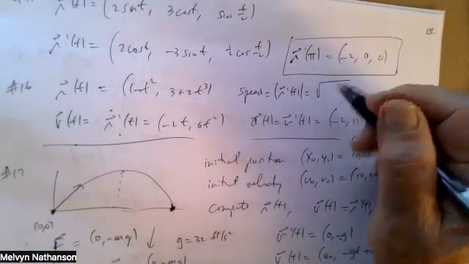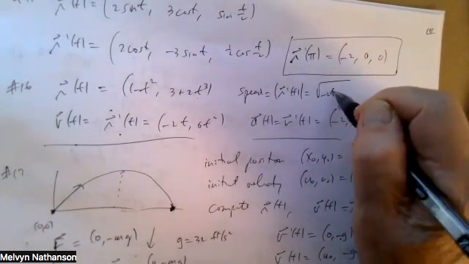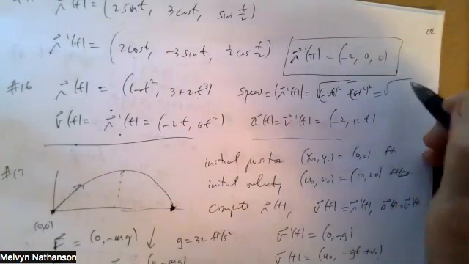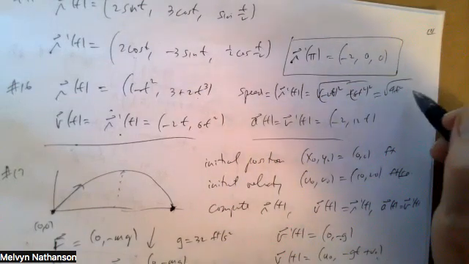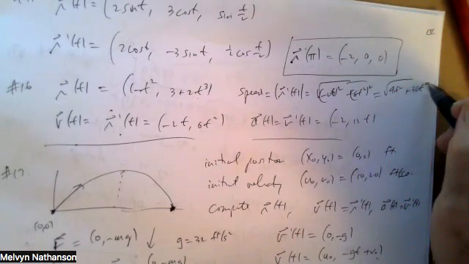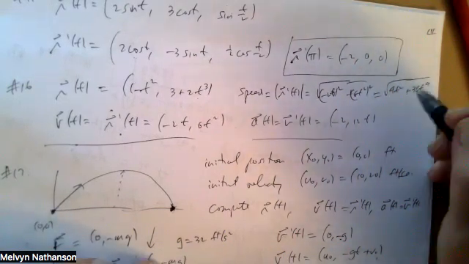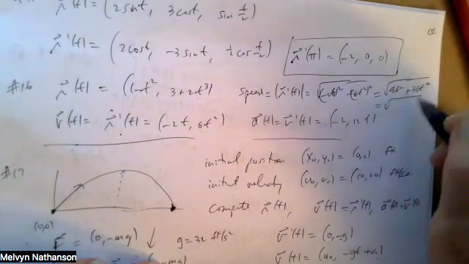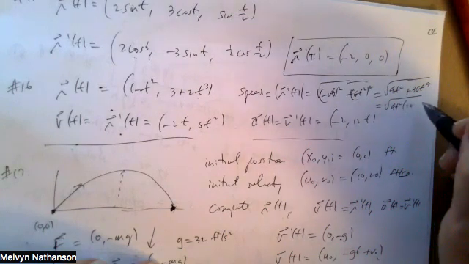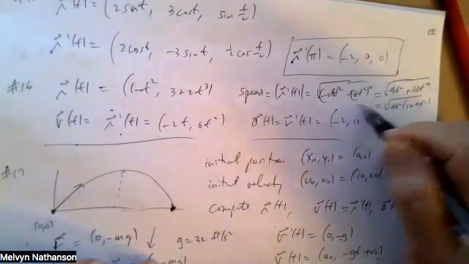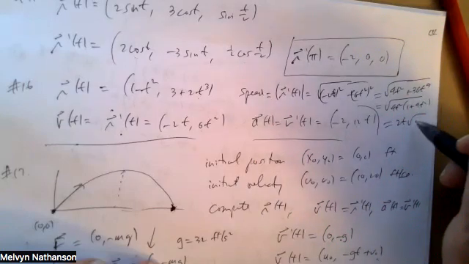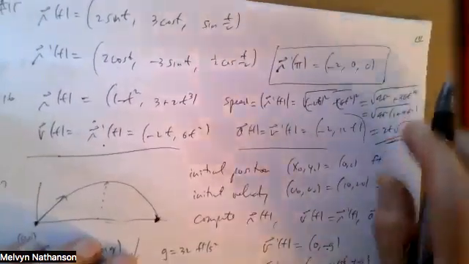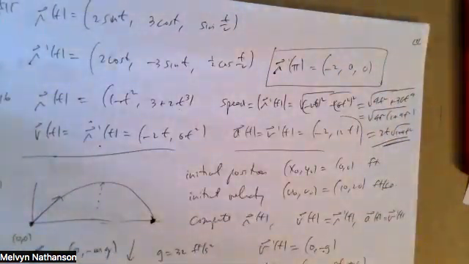So that's the square root of minus 2t squared plus 6t squared squared. So that's the square root of 4t squared plus 36t to the fourth, which I can simplify a little bit. I can factor out 4t squared times 1 plus 9t squared. So that's 2t times the square root of 1 plus 9t squared. Well, speed is just the magnitude of the velocity vector. Thank you.